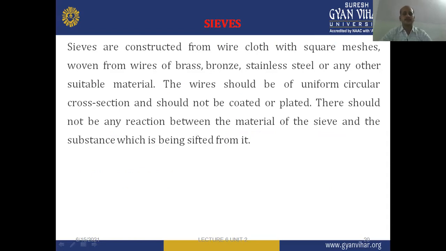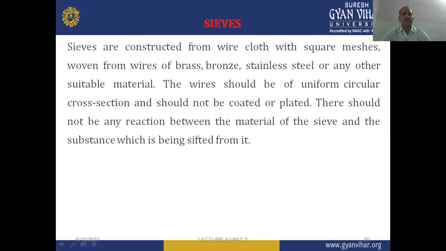Now, after the classification of powders, we have to move on to the sieving method. Before starting the sieving method, what are sieves? Sieves are constructed from wire cloth with square meshes woven from wires of brass, bronze, stainless steel, or any other suitable material.